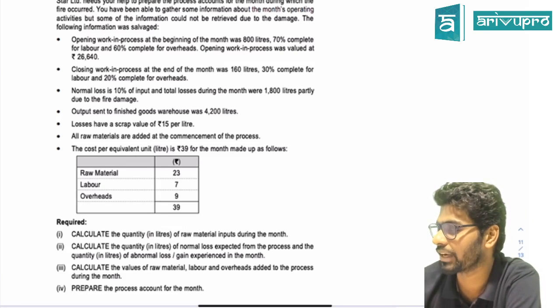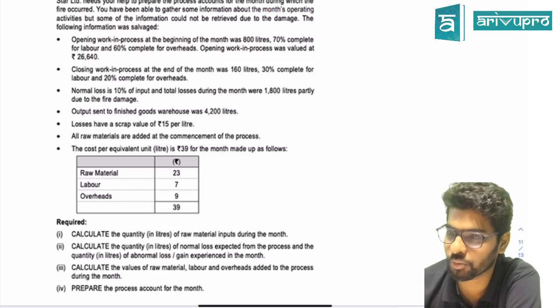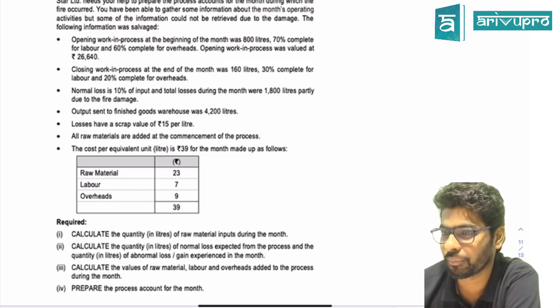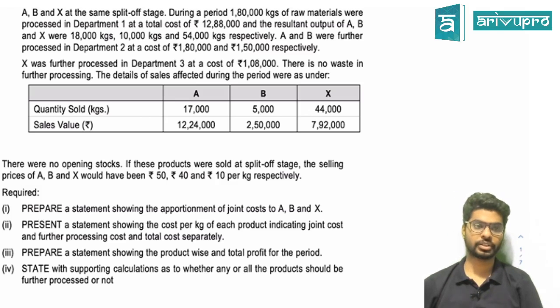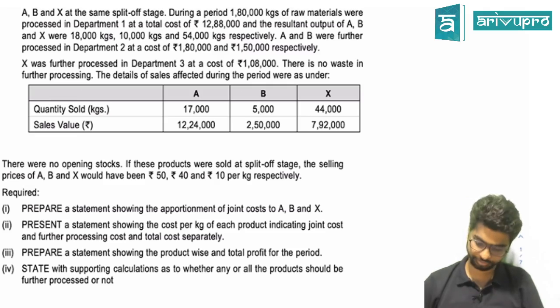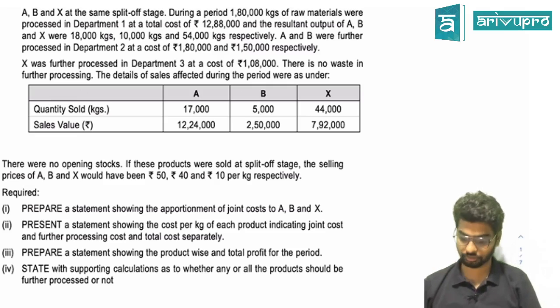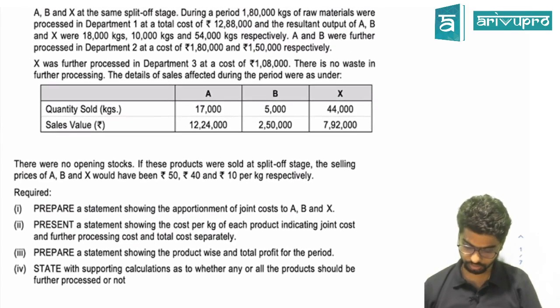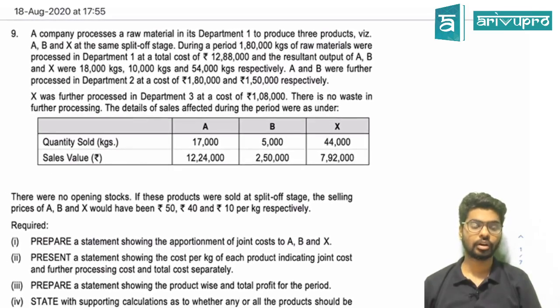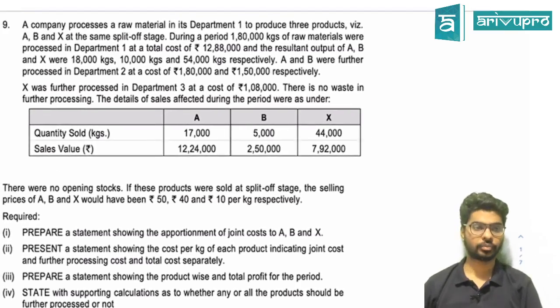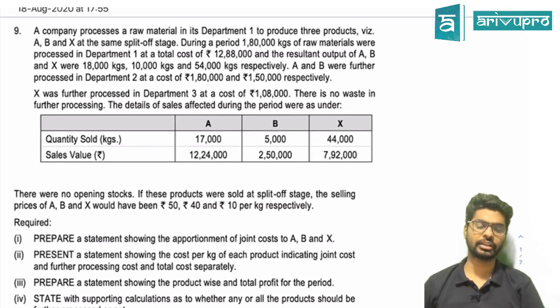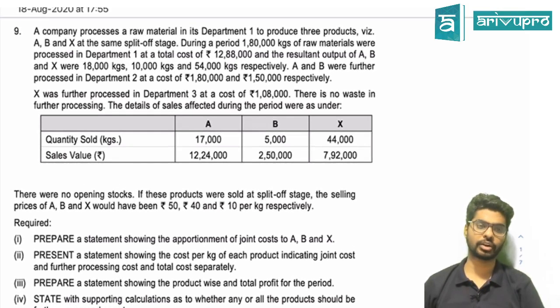And guys, please everyone, I'm assuming that you're solving the questions back home. Let's start with the first question. A company processes raw material in its department 1 to produce 3 products A, B and X at the split off stage.